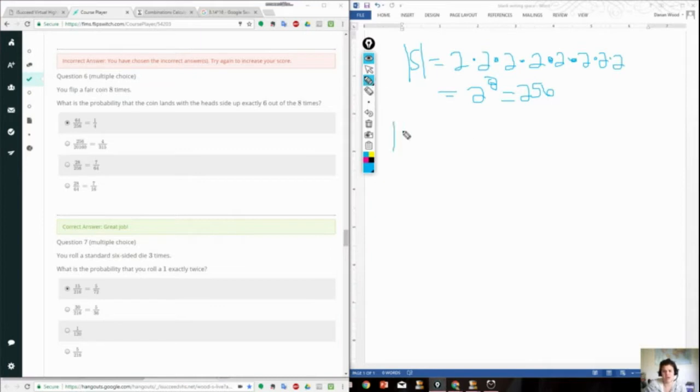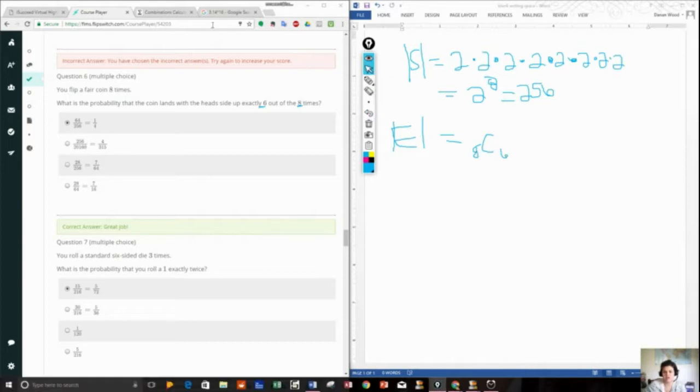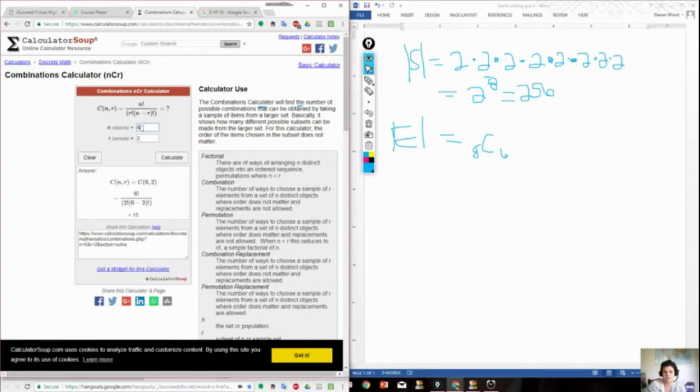And then how many different ways can we have our event happen? We want exactly 6 times out of the 8. So we have 8 of our rolls, and we're going to choose 6 of them because we want only the ones that have 6 heads up. So go back to your combinations calculator. 8 choose 6.